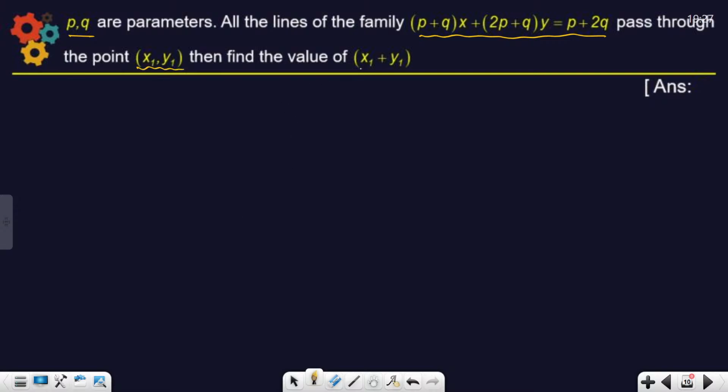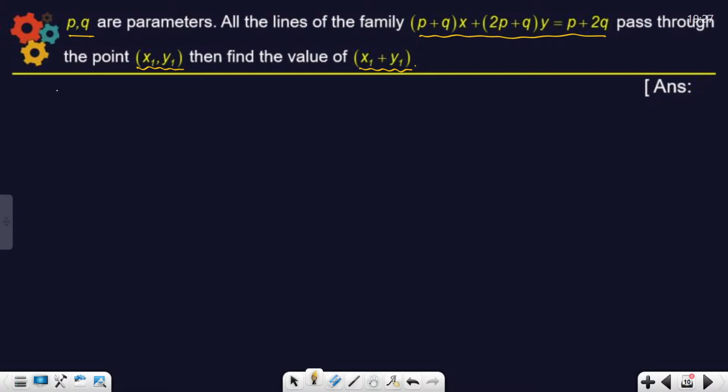Then find the value of x1 plus y1. That's it. That's the question. Now, how many of you can understand that this is nothing but the converse of the family of lines? Because here P and Q are the parameters.